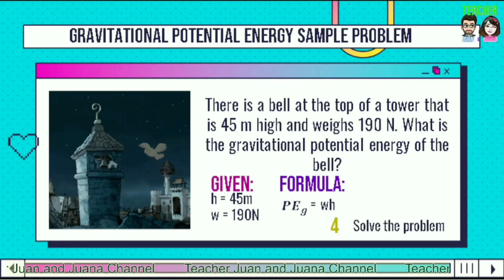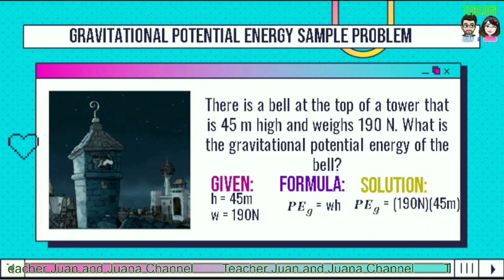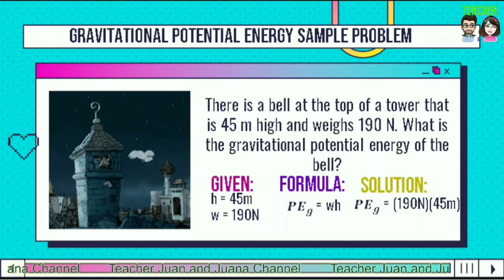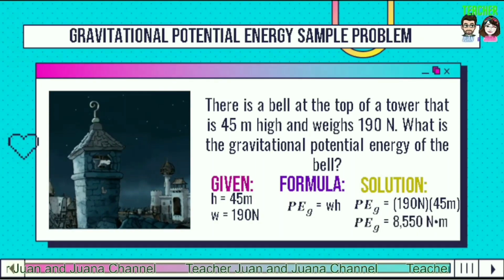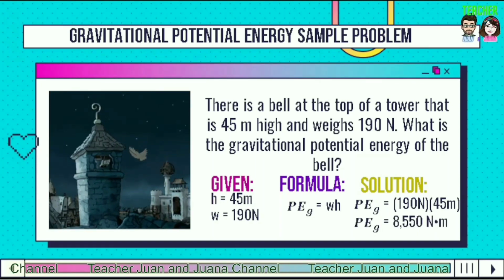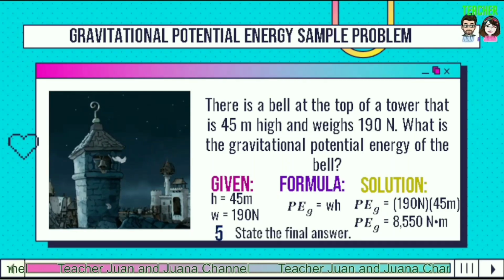We just need to substitute the value of weight, which is 190 newtons, and height of 45 meters to the formula. So, we can have P sub g equals 190 newtons times 45 meters. The answer is 8,550 newton meter. Is this the final answer? Correct.